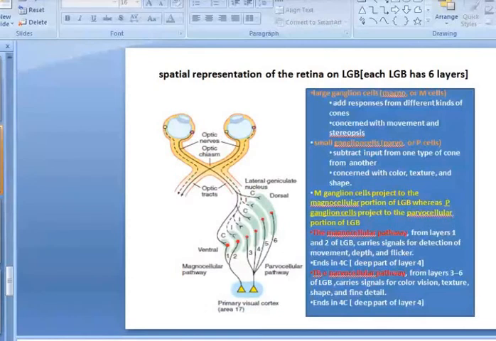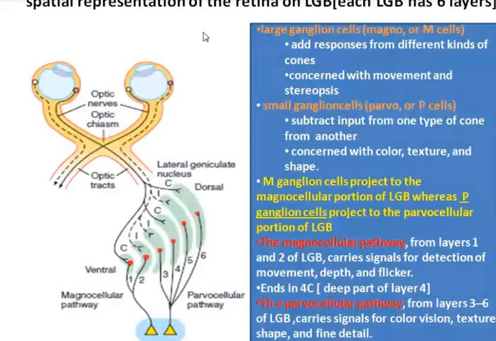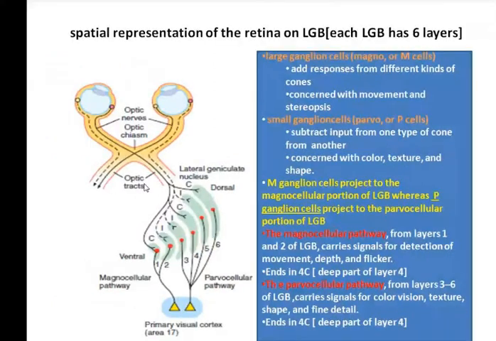Sorry for that. Now, this is the visual pathway that I have told you about: from the retina, the information goes to different structures, the lateral geniculate body, and the visual cortex. In the lateral geniculate body there is also a spatial representation of the retina, which fiber terminates on which layer.